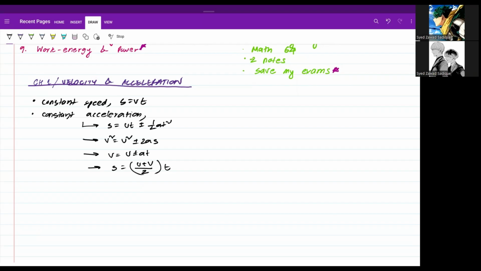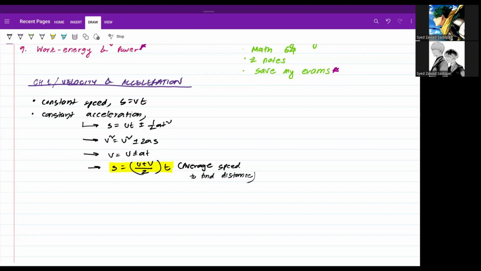The final one, this is regarding average speed to find distance.